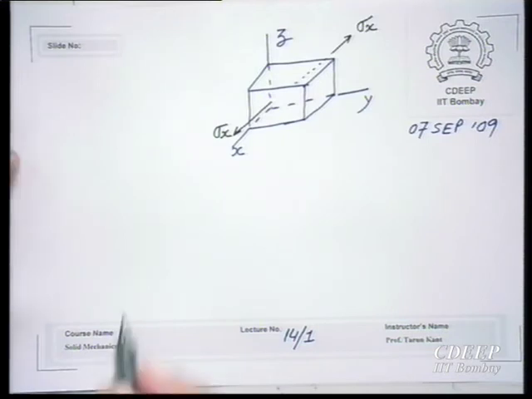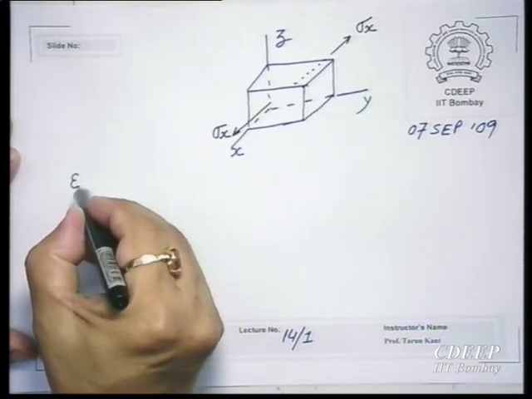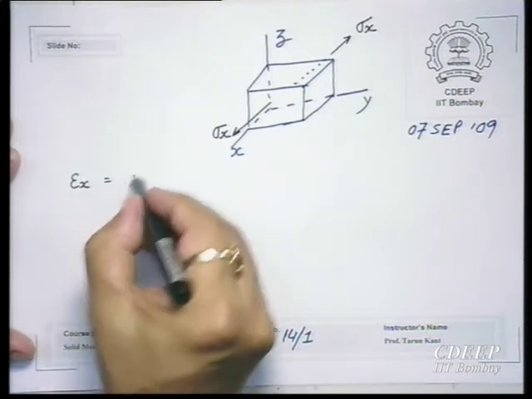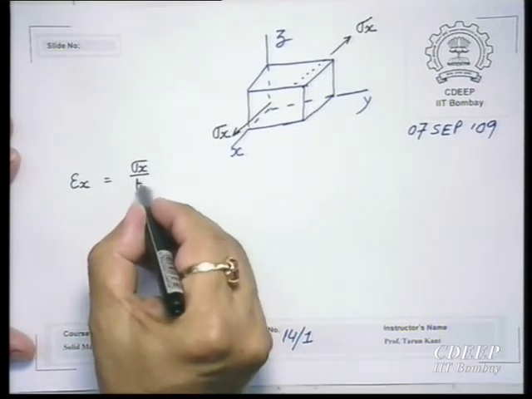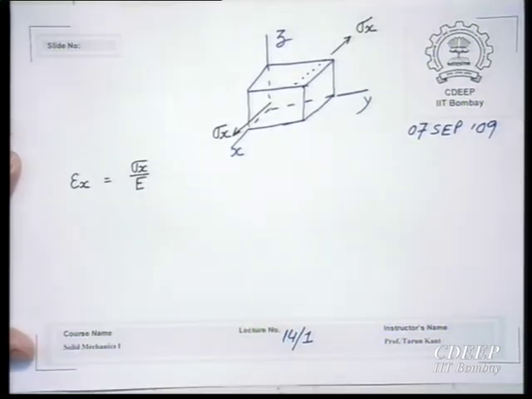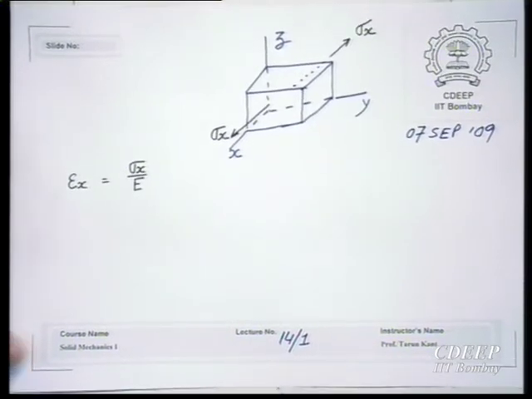This will expand in x direction, and the strain in x direction will be equal to sigma x by E, where E is Young's modulus of elasticity. So, this is a simple law, this is simple uniaxial. So far it is uniaxial state of stress, which we have discussed thoroughly.